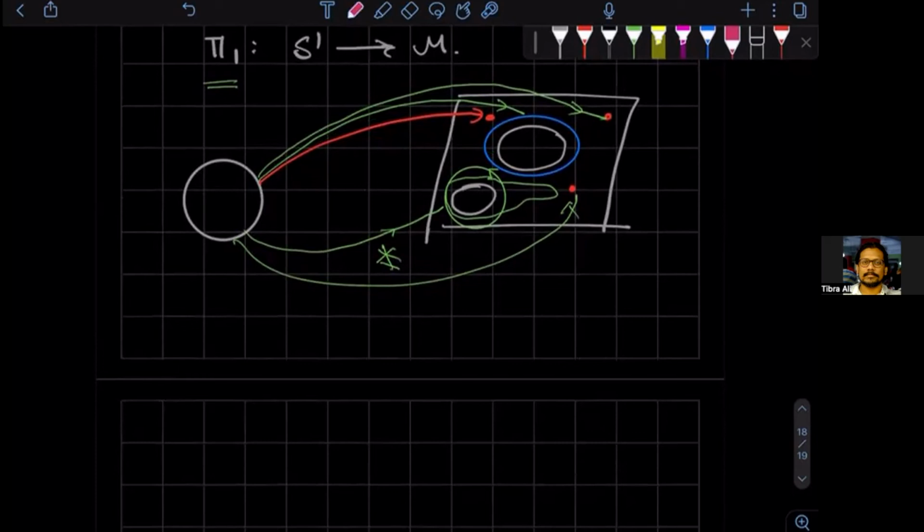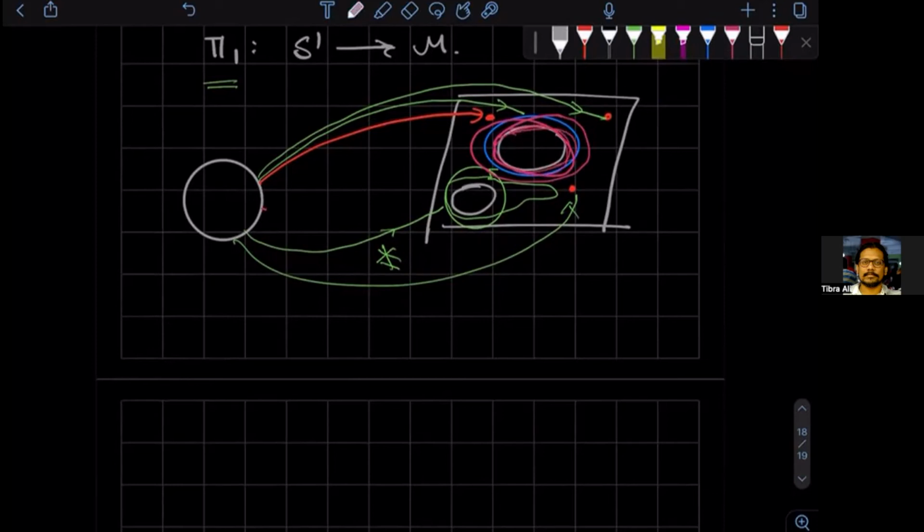Similarly, there is a map which takes us from the circle to another loop which winds around the hole in more than one revolution. That map is different from the map that winds around the hole in one revolution. So we see that the maps that take us from the circle to the loops around this hole are classified by integers.